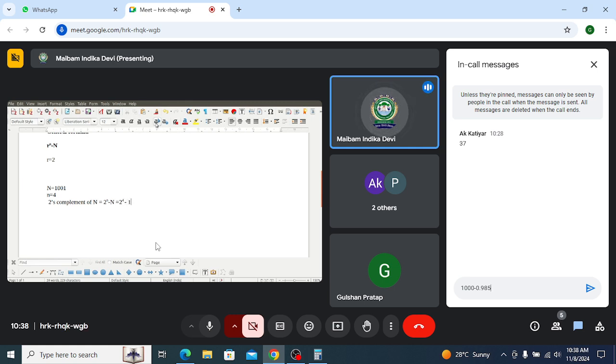Minus n, which is 1001. Now this number is a binary representation, it's not one thousand and one. So what is 2 to the power 4? 16. So this 16 is a decimal representation, minus what? 1001.